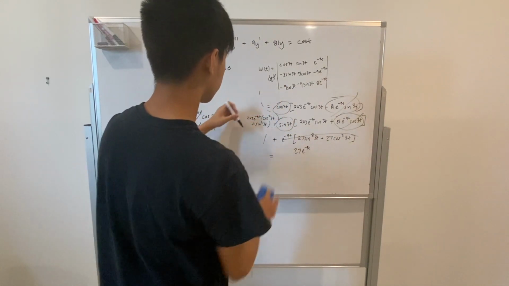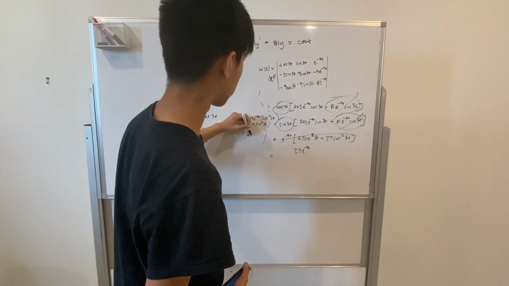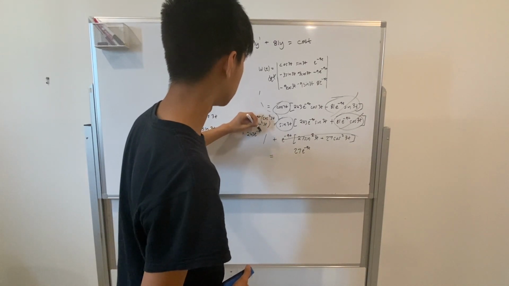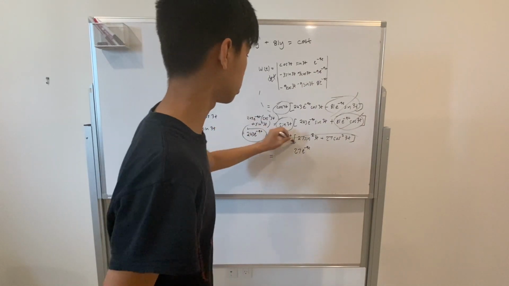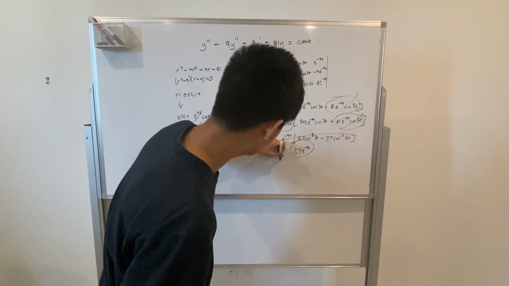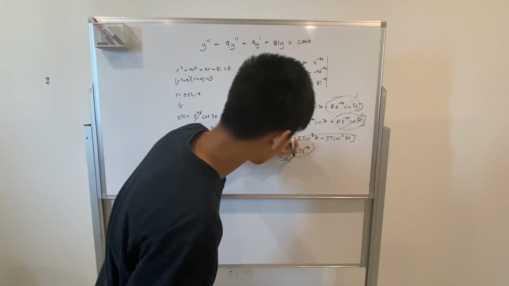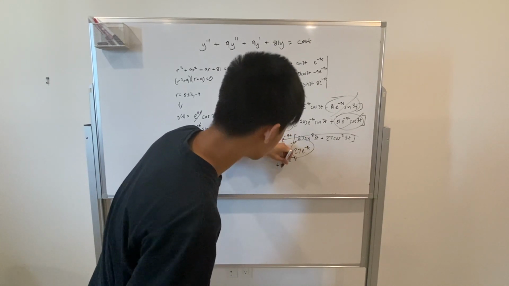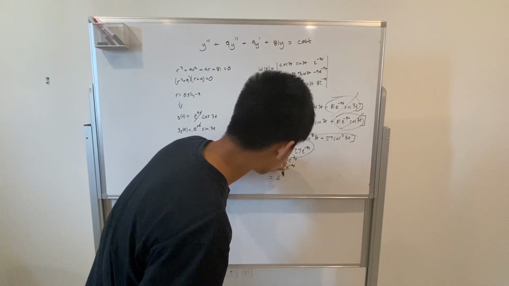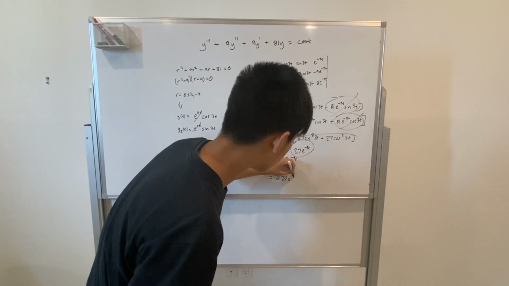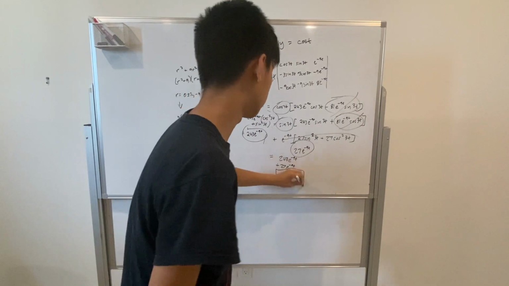So this is equal to 243 e to the negative 9t because of our trig identities. So we have this plus that, which is 243 e to the negative 9t plus 27 e to the negative 9t. So that is equal to 270 e to the negative 9t. That's our overall Wronskian.